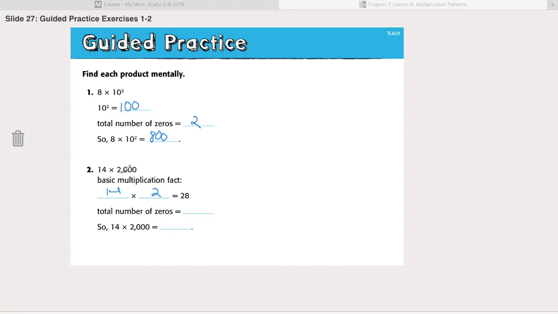Let's look in the second factor. 1, 2, 3. 3 is the total number of zeros. So 14 times 2,000 is 28. We got that from our multiplication fact, with 3 zeros. 28,000.